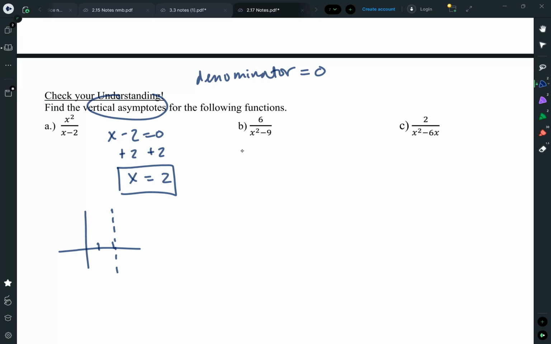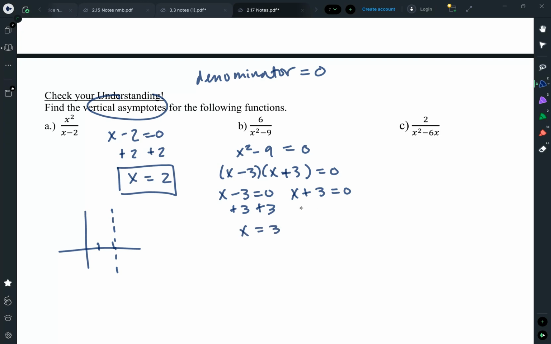Next one, I would have x squared minus 9 equals 0, and then I would factor it and make them both equal to 0. Showing all the work here. So we'd have two vertical asymptotes, one at 3, one at negative 3.